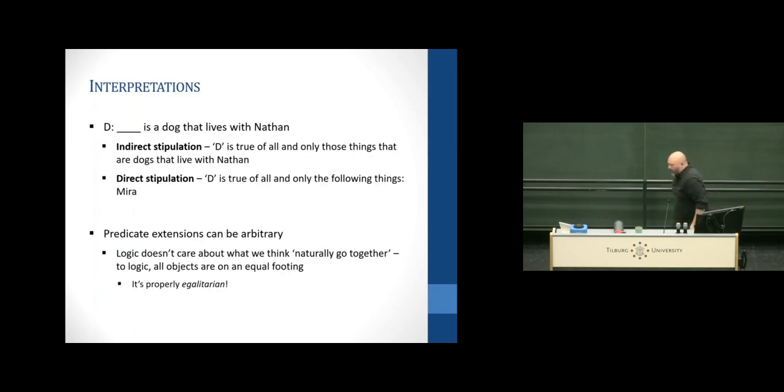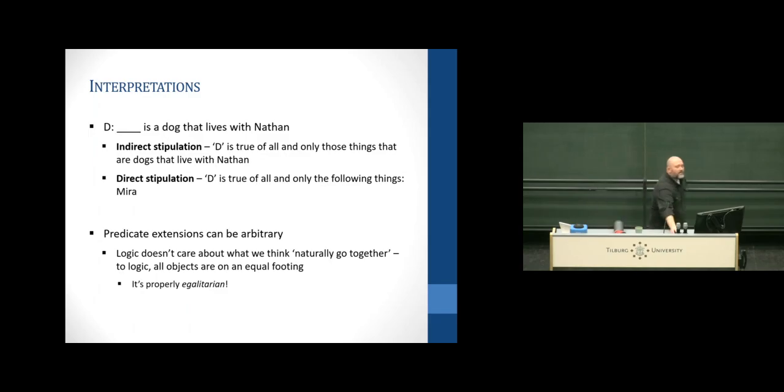So, how do we figure out the extensions of predicates? Because that's going to be the driver. Well, there's actually two ways we can do it. When we're building interpretations, because let's be clear, interpretations are under our control, we can fix the extension of our predicate indirectly.